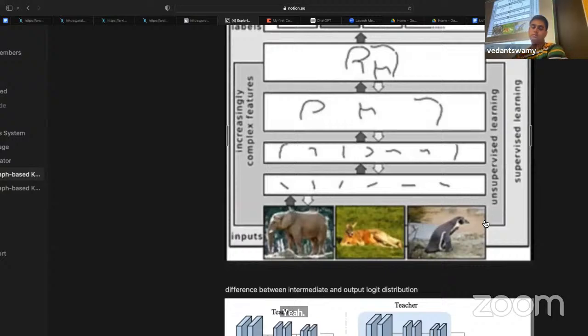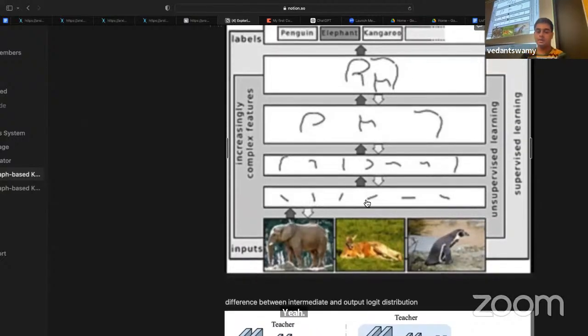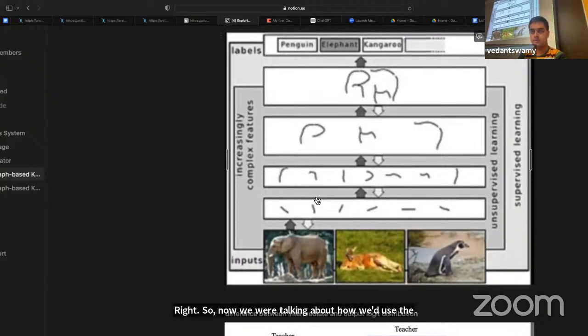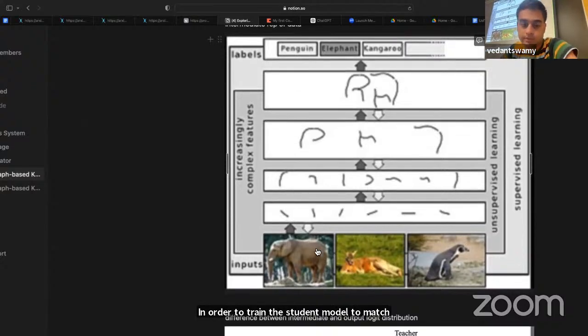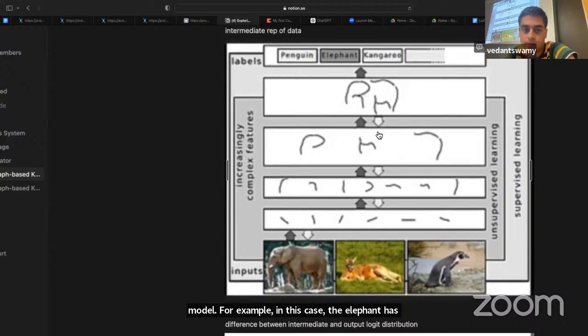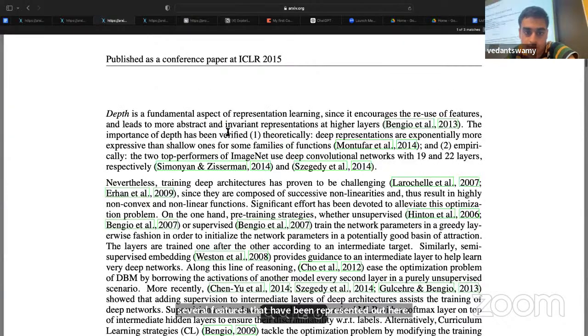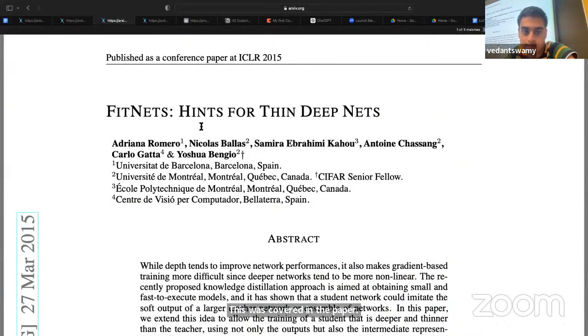Right. So now we are talking about how we'd use the intermediate representations of an image in order to train the student model to match the teacher model. For example, in this case, the elephant has several features that have been represented here. This was covered in the paper titled FitNets: Hints for Thin Deep Nets.